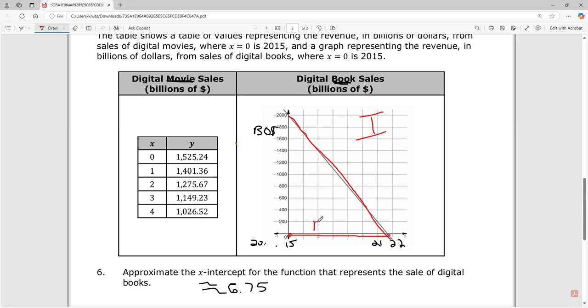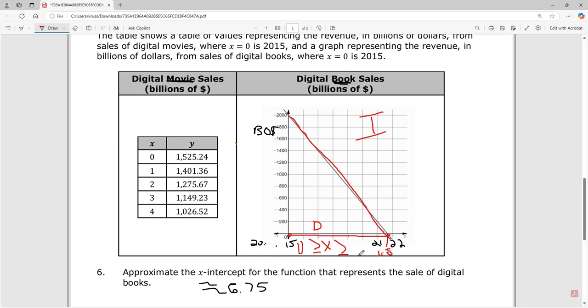This is my domain. My x value is between these 2 values, and they can equal these 2 values. This is my 21 point. This is my 6.75 on there.